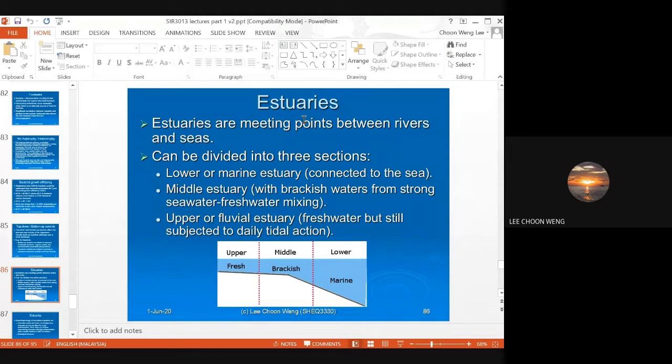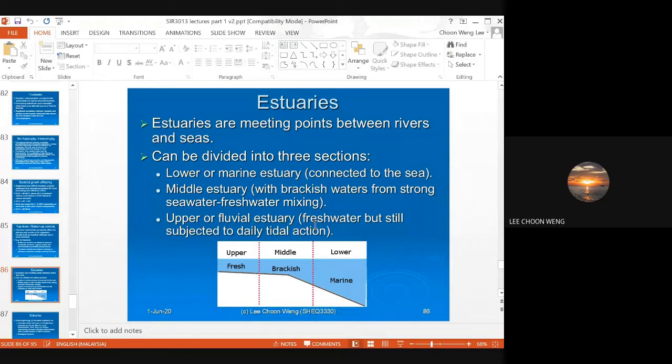So the upper boundary of the estuary is where you no longer observe influence from the seawater. Influence could also be due to tidal action.